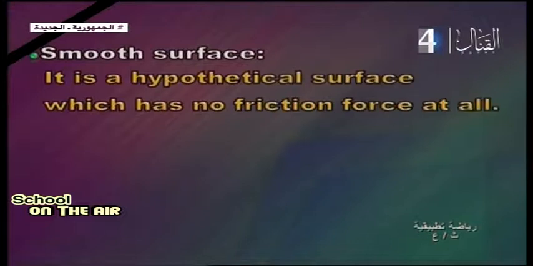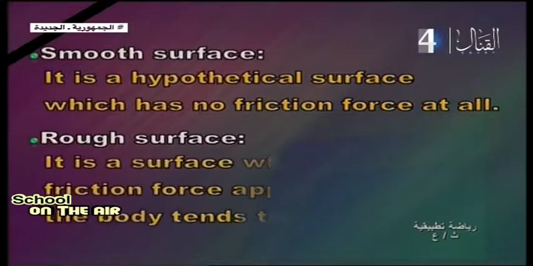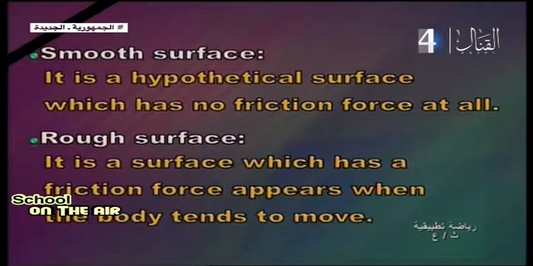A smooth surface is a surface which has no friction force at all. A smooth surface has no friction, but a rough surface is a surface which has friction. A friction force appears when the body tends to move.